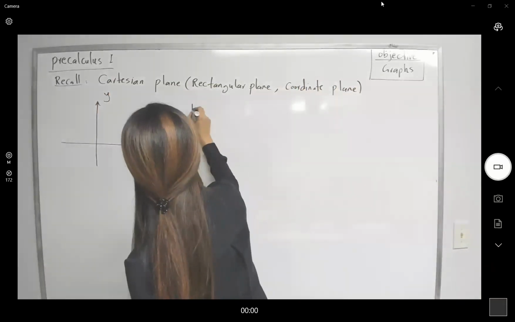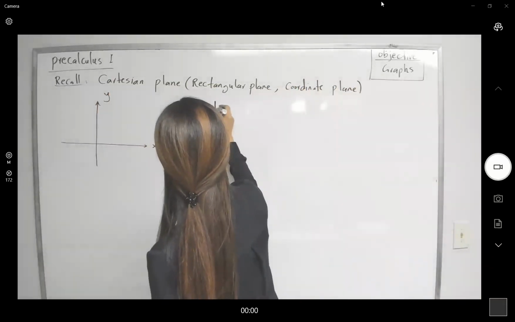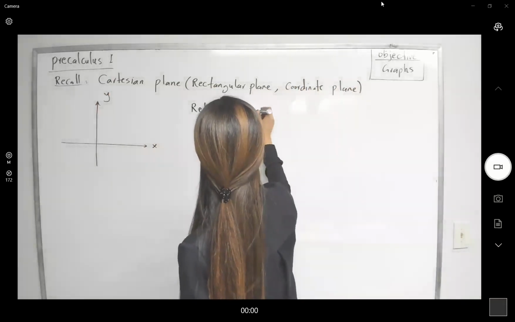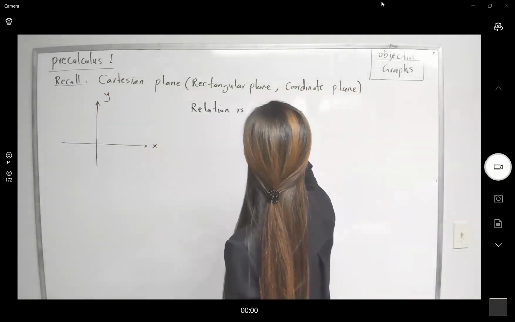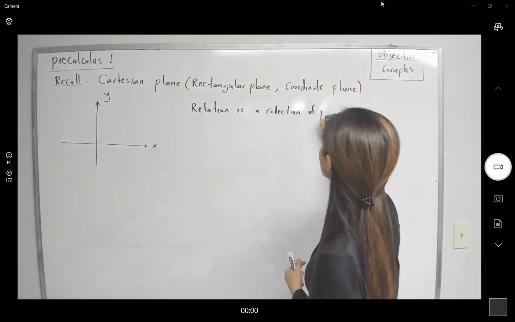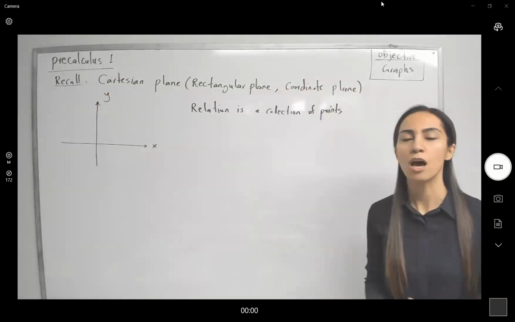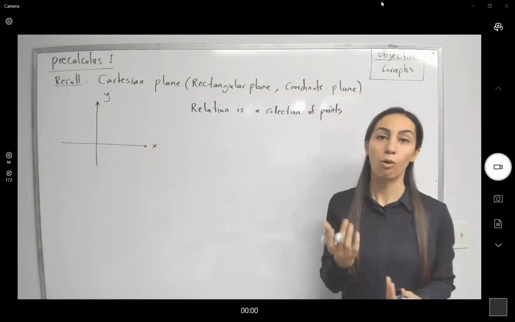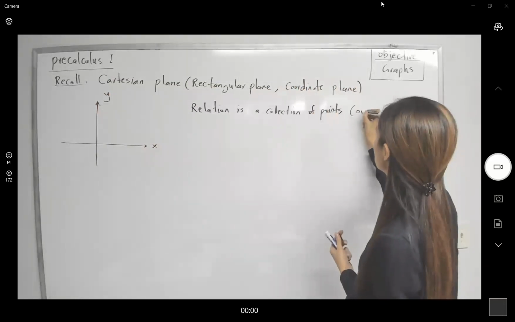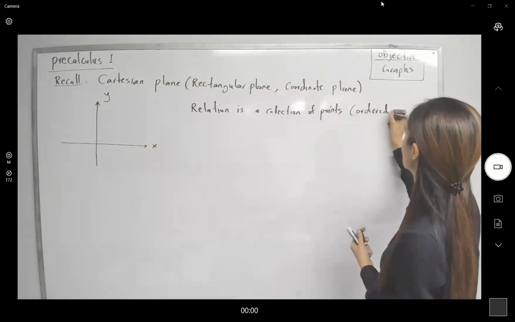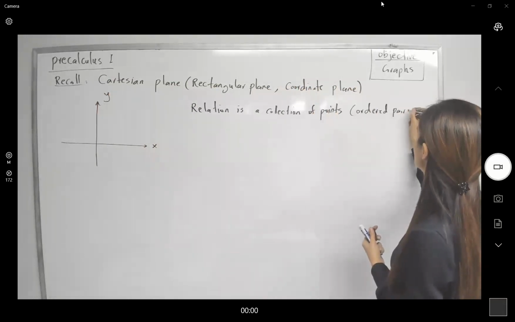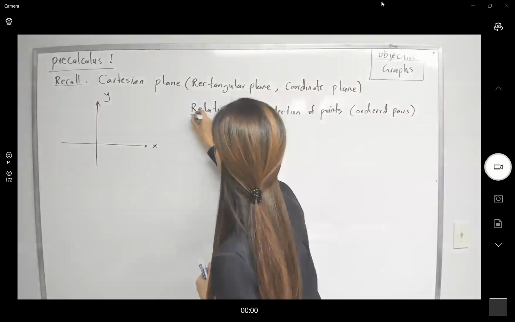A relation is a collection of points, another name for points being ordered pairs, in the XY plane.